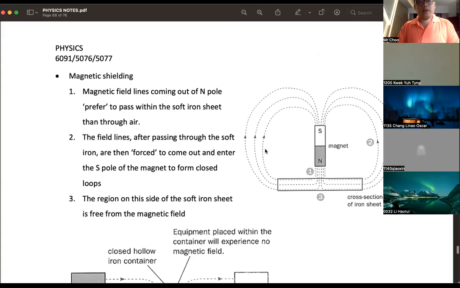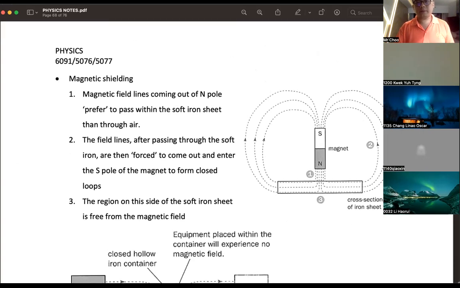Okay, magnetic shielding. What does this mean?